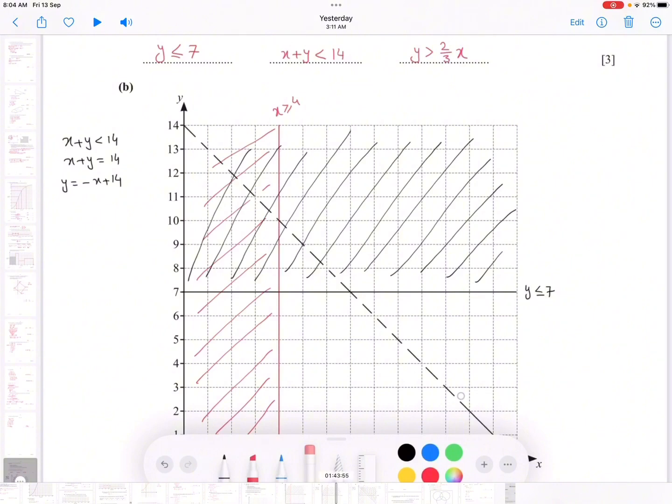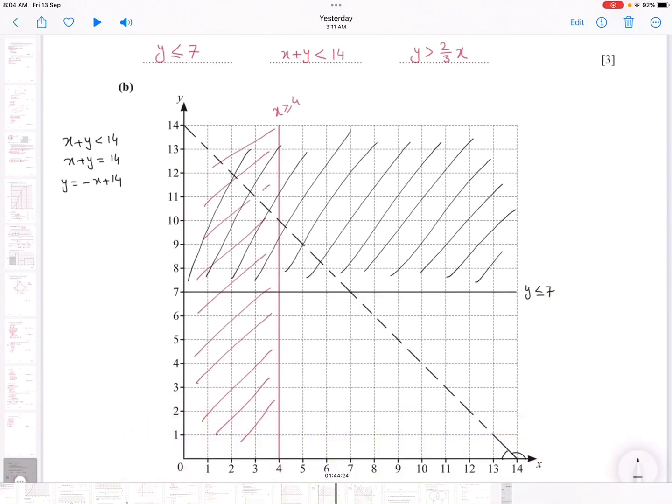So you check the angle of this line with the x-axis. On the x-axis there is a small angle and a larger angle with the x-axis, which makes x plus y is less than 14. So towards the lesser angle the region is wanted, and towards the bigger angle the region is unwanted. So shade the unwanted region.